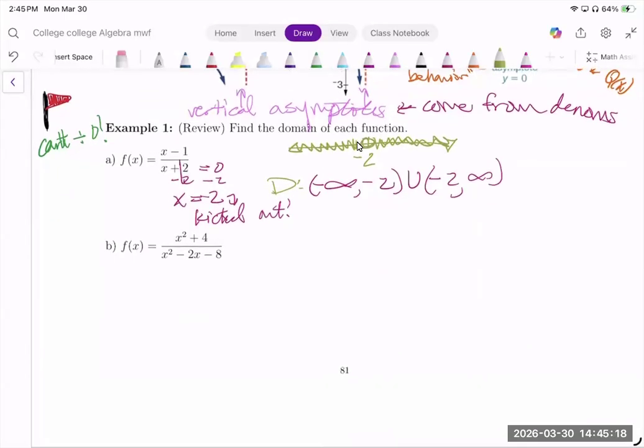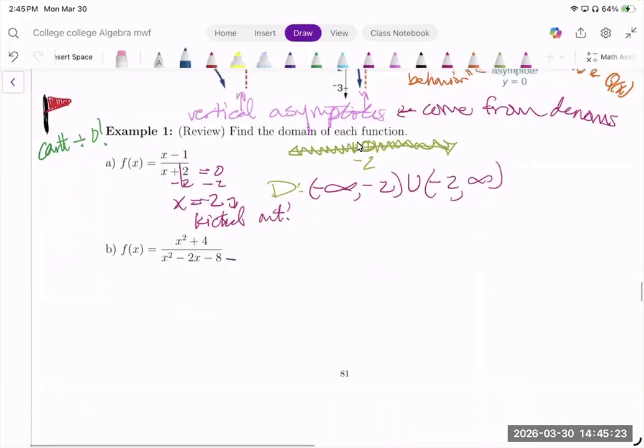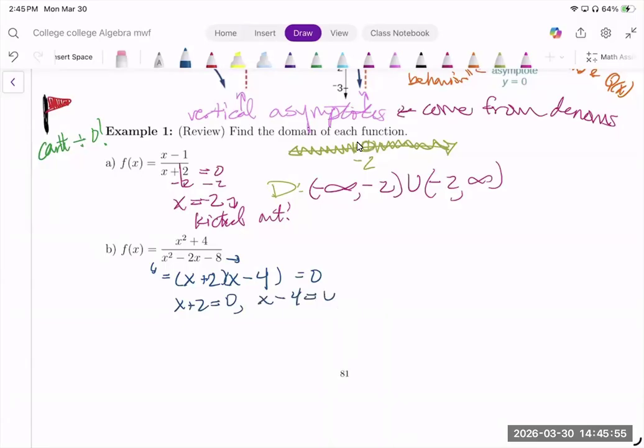So for B, what we want to do is factor the denominator. So this is equal to x times x, and then 4 and 2, because those are the two numbers that multiply to -8 and add to -2, specifically with 4 being negative and the 2 being positive. So we set this equal to 0 and solve. So x plus 2 equals 0, x minus 4 equals 0.